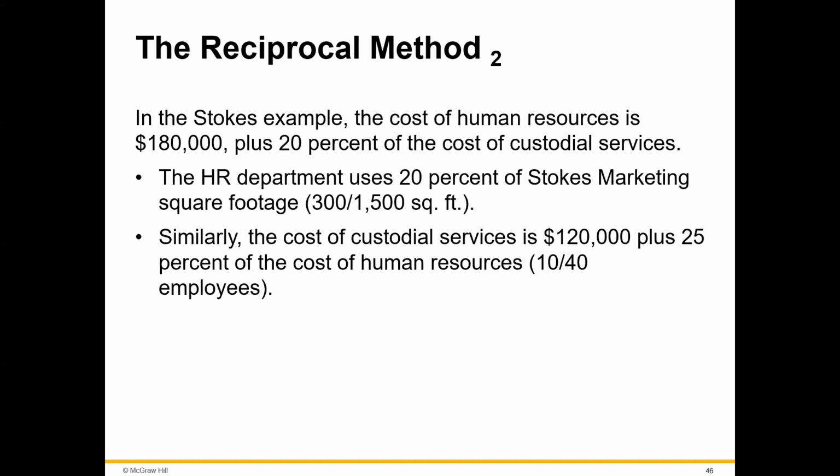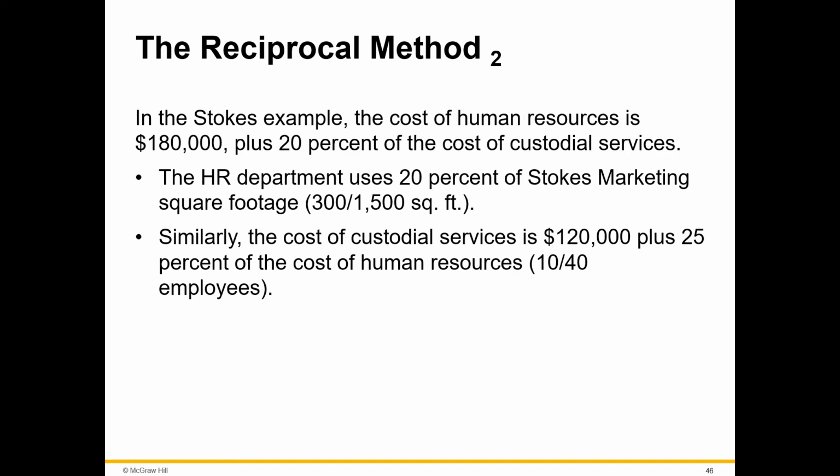So what that looks like is, the human resources department uses 20% of Stokes Marketing's square footage, right? So they would get assigned 20% of the original custodial cost before anything else is distributed. And then custodial services, because they use 10 out of the 40 employees that are not in HR, they would upfront get 1/4 of the HR cost assigned to them.